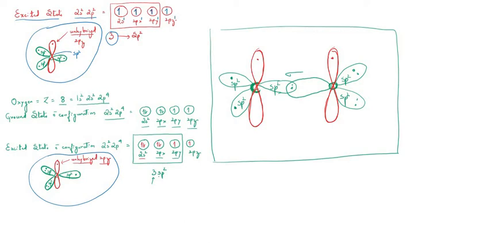Is it clear, students? And meanwhile, we can notice that the pi bond will be formed by sideways overlapping above as well as below. So here I will write pi bond. Is it clear, students? We can also notice that the oxygen atom has 2 lone pairs of electrons which are present in sp2 hybridized orbitals.